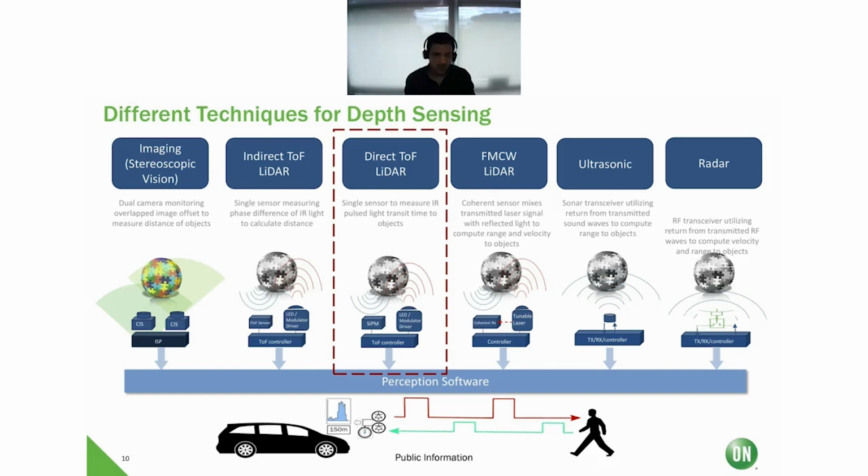But for high resolution, high accuracy depth sensing, you use direct time of flight LiDAR, where you send a short laser pulse and you start a timer and you have a sensor that will then look for photons of that same wavelength coming back, and you use the speed of light to measure it. That's the most accurate way to measure distance.